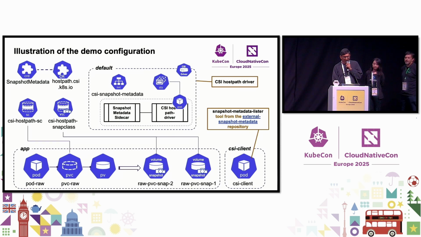So we have a very simple app which is going to create a PVC and mount it in block mode. We will add data to that PVC and take a snapshot. Then we'll use this pod over here to create an application called the CSI client, which is one of the tools we provide in the external snapshot metadata repo.